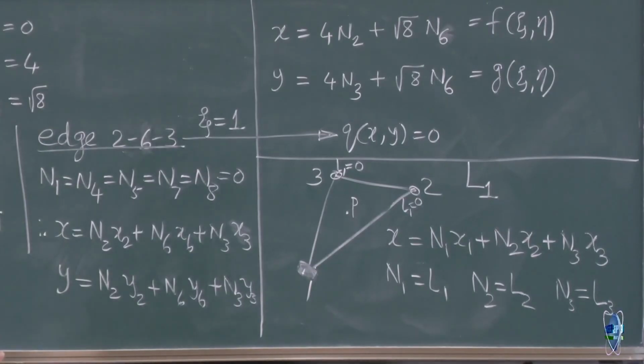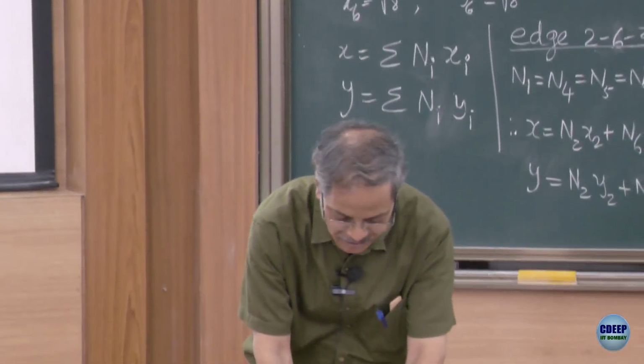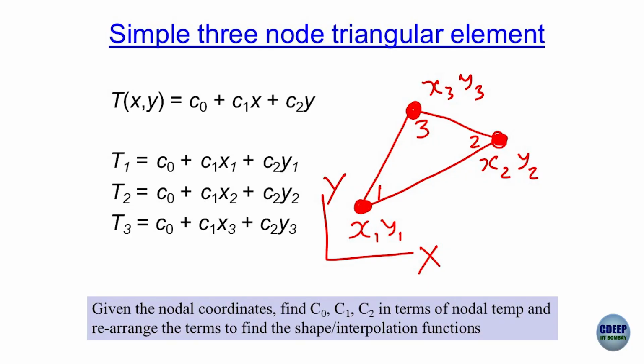Is it okay? In terms of natural coordinates, compare it to what we had to do. Let me see if I can quickly go back to that slide. How you defined the 3-noded triangular element in the beginning. If we wanted to get the shape functions in xy coordinates, we thought of C0, C1x, C2y.